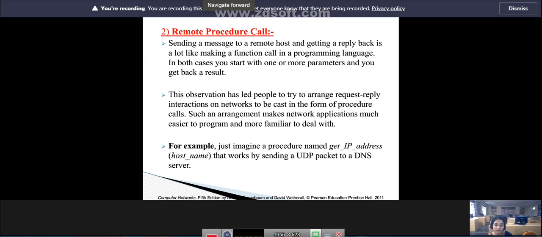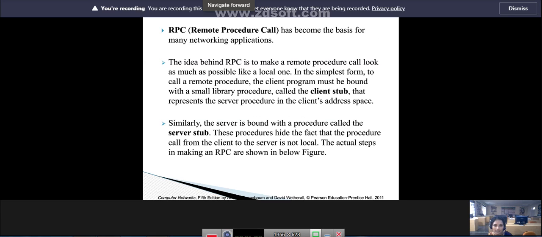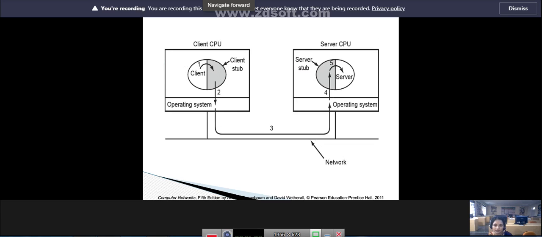Whatever message we are transmitting from one node to another node, it is not visible. Then we can say it is a remote procedure call. This is the diagram of the remote procedure call. In this diagram I have the client CPU and server CPU. In the client CPU, in the first step, the client CPU calls the client stub, and here the message will be parameterized and sent through the operating system.